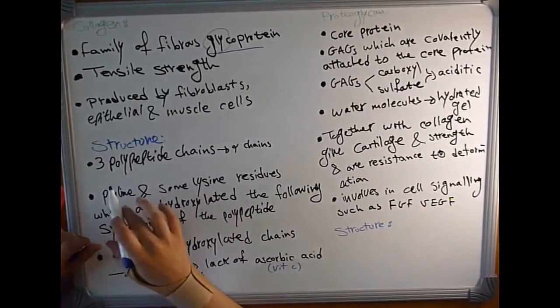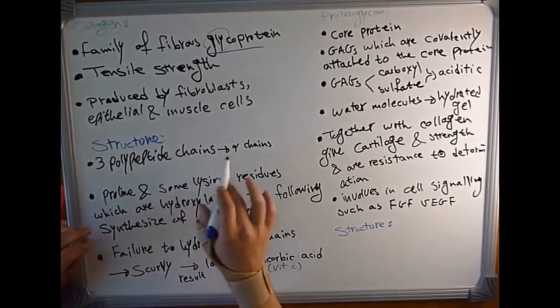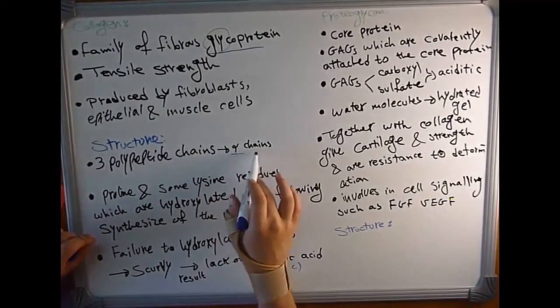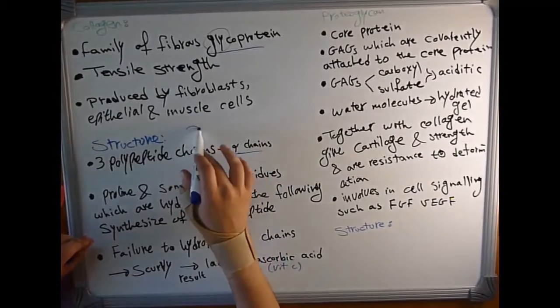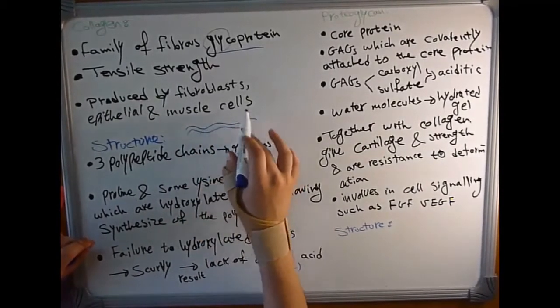But let's talk about the structure of the collagen. The collagen consists of 3 polypeptide chains, fibrous, known as alpha chains.